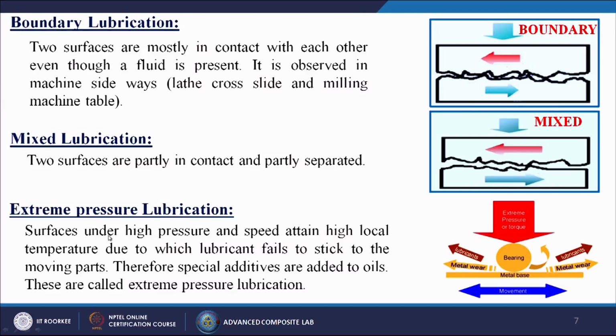Next is called extreme pressure lubrication. Surfaces under high pressure and speed, at a high local temperature, cause the lubricant to fail to stick to the moving parts. Therefore, special additives are added to oils. These are called extreme pressure lubricants. From that figure you can understand that a bearing is acting on the metal base.